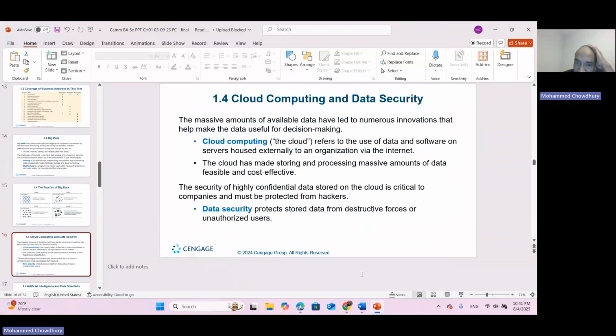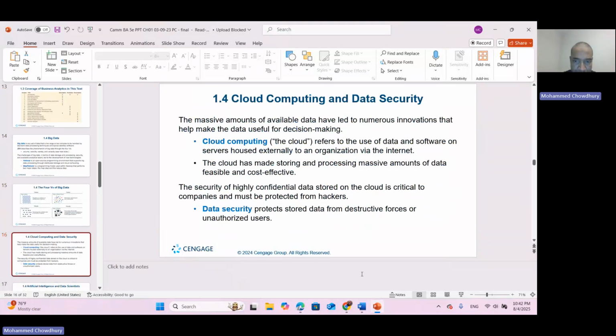The massive amount of available data has led to numerous innovations that help make the data useful for decision making. Cloud computing refers to the use of data and software on servers housed externally to an organization via the internet. As I mentioned before, the cloud has made storing and processing massive amounts of data feasible and cost effective.